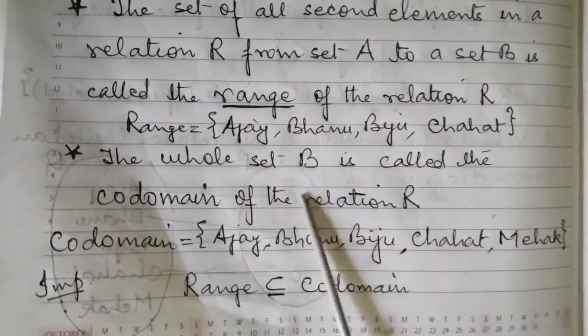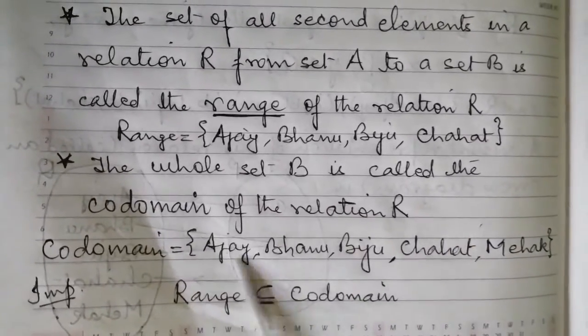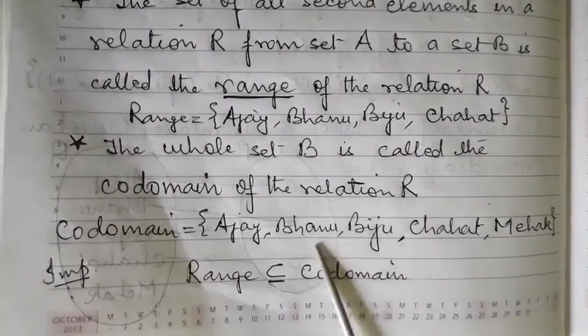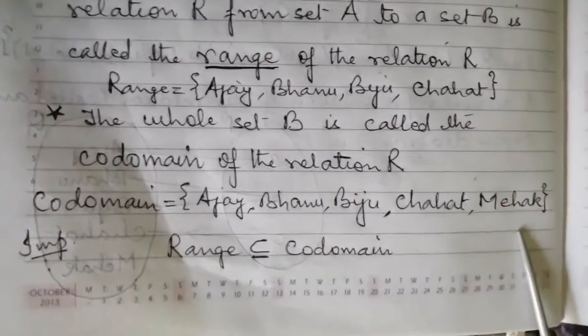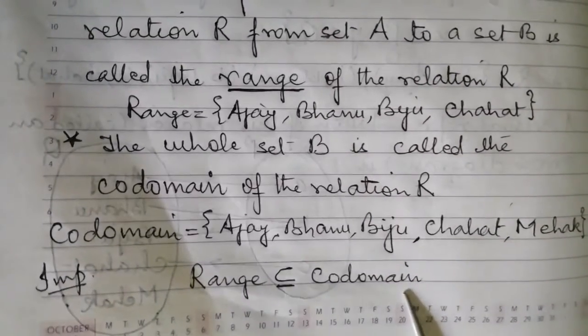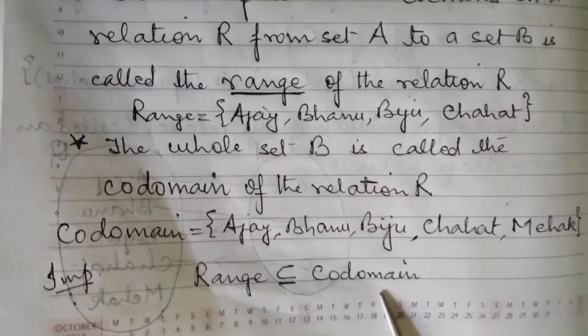And the whole set B is called the codomain of the relation. So the codomain will be the whole set Ajay, Bhanu, Biju, Chahat, Mehak, right? So here it's important: range is a subset of or equal to codomain, right?